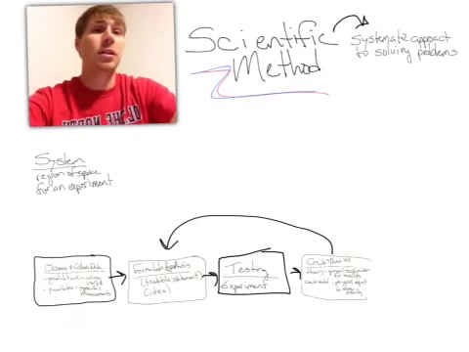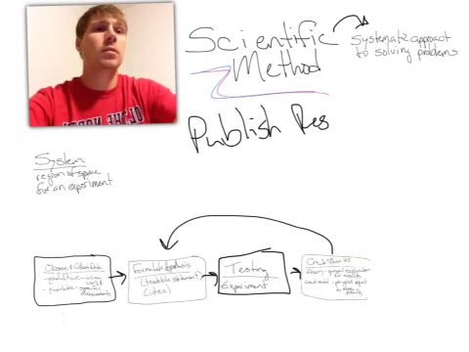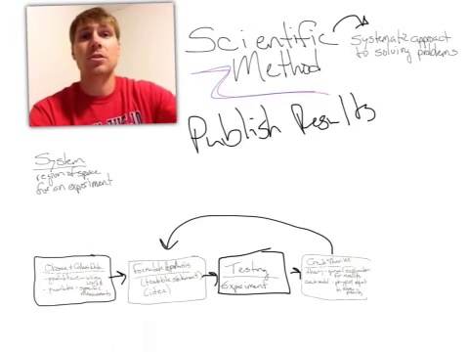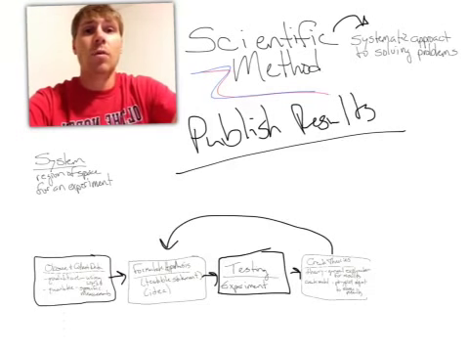Now, eventually, we might get to the point where we want to publish our data, okay, or publish our results. And this is what you see when you look in scientific journals. So this is all that it is, just communicating what you've learned.